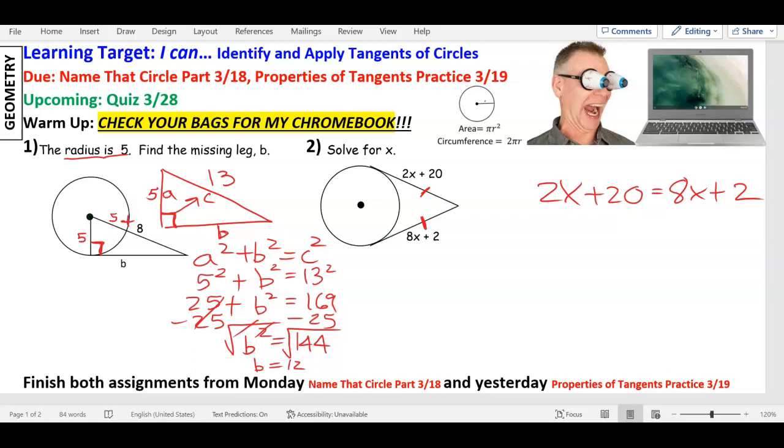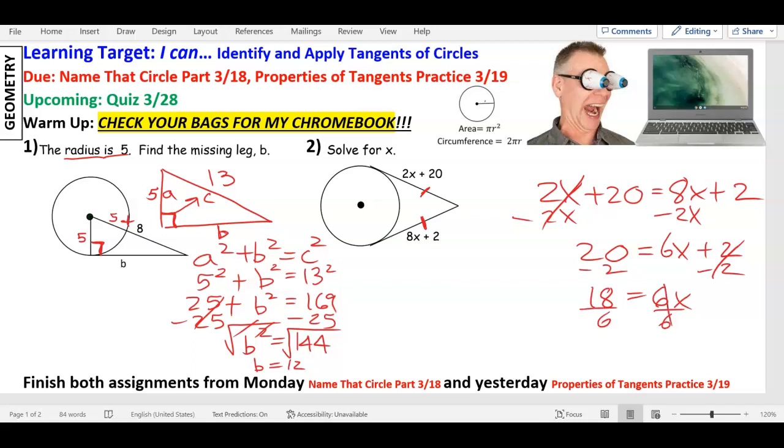So when x is on both sides, we get rid of the smaller x, in this case 2x, so minus 2x, minus 2x. Bring down 20 equals 8 minus 2 is 6x. Bring down plus 2. X is on the right side, so now we're going to get rid of that loner 2 by subtracting 2 on both sides. 20 minus 2 is 18. And then our last step to get rid of that coefficient 6, we divide by 6. 18 divided by 6 is 3.